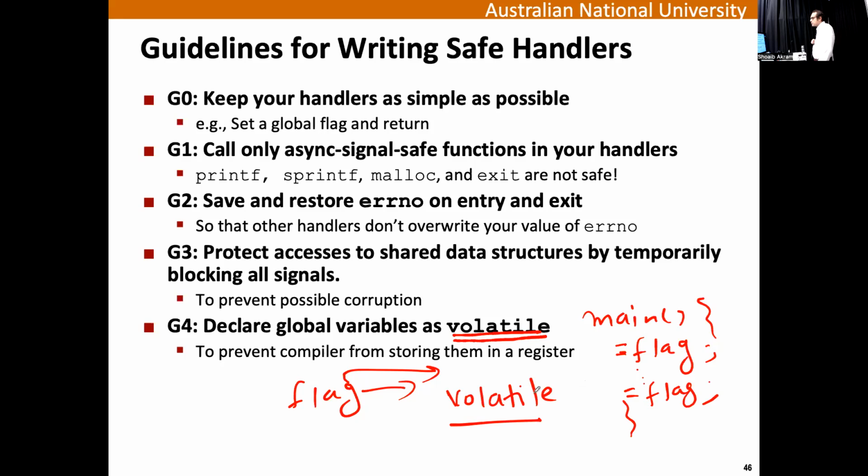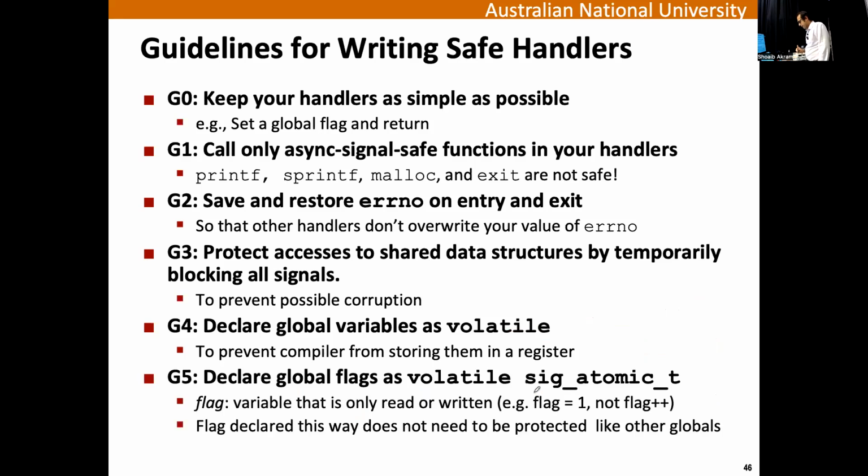The signal handler could do a write, a store instruction, moving the variable to a memory location, while the main program will keep reading the variable from the register file. Okay, there is something called atomicity.